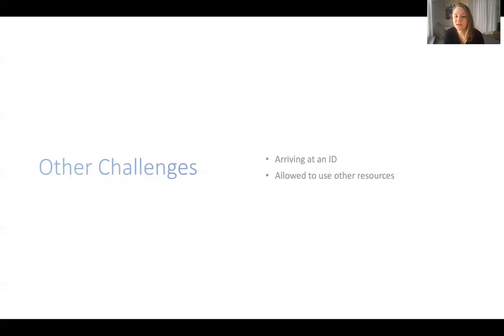Challenges associated with the rest of the project: there were a few specimens that I had a hard time arriving at an ID for. That's because at the beginning, I didn't know that we were allowed to use more resources than just our key. I was using only the key and an online glossary, and getting pretty frustrated.